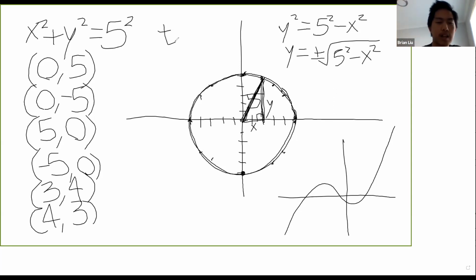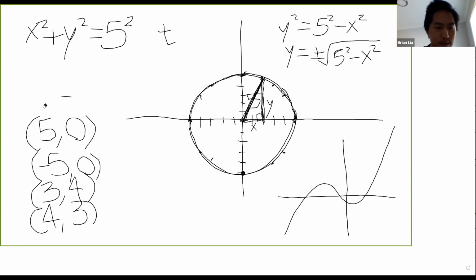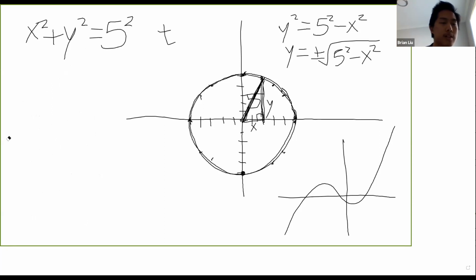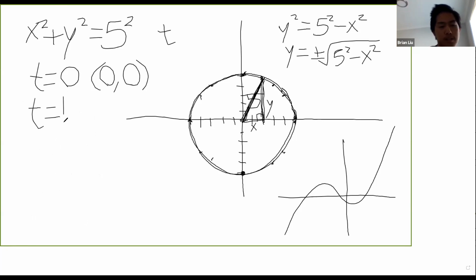So say at t equals 0, we start at 0, 0. And then at t equals 1, we go one length along the way.